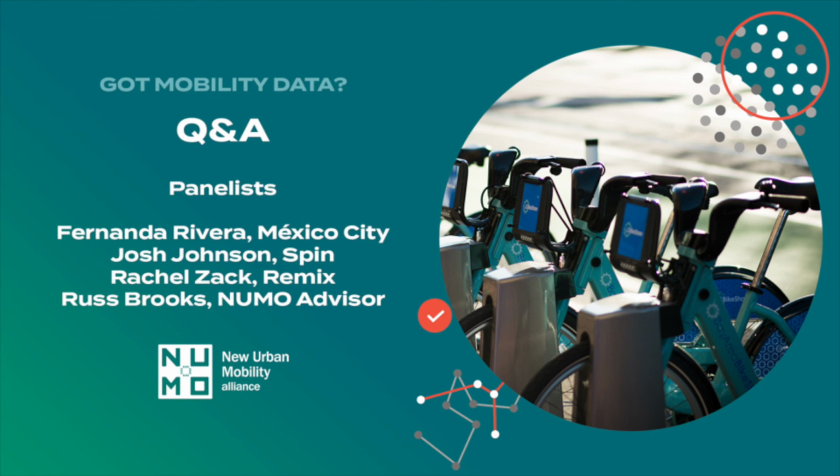And so I think that's where people like Rachel and platforms like Remix can play a really strong role in helping cities to ingest data in a way that's safe and protective of privacy, but also includes visualizations and outputs, which can really make it easy for city staff who may not have that technical expertise to develop insights and formulate policy from them. And so I think that data aggregator role is a very valuable piece in that conversation.